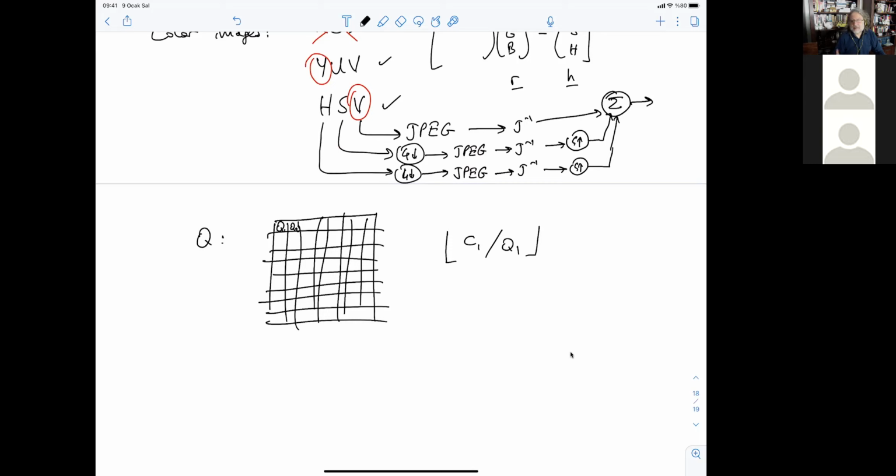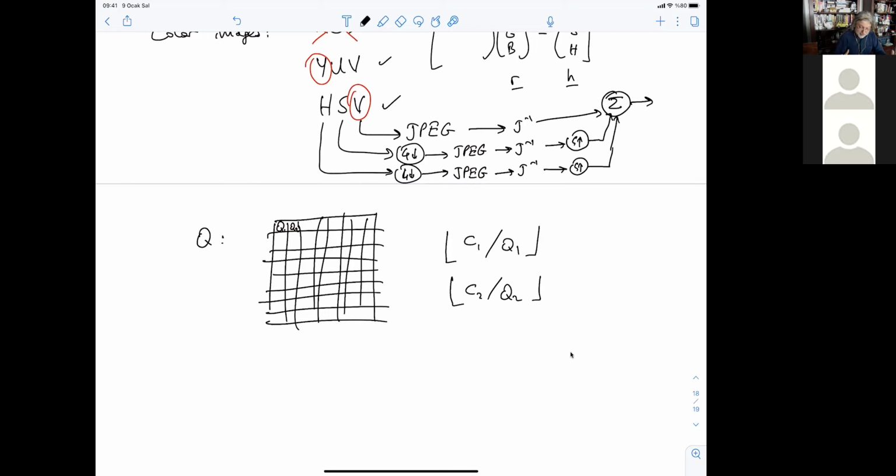It's all rounded. We turn it into an integer. This is the quantization operation that is done. And these values of Q1, Q2, Q3, etc. Of course, C2 is divided by Q2 and then truncated.